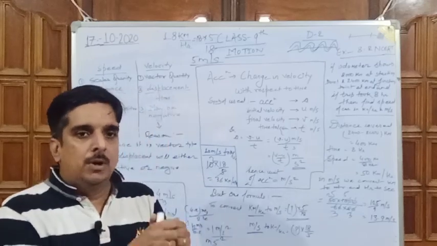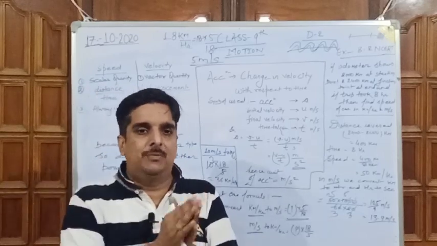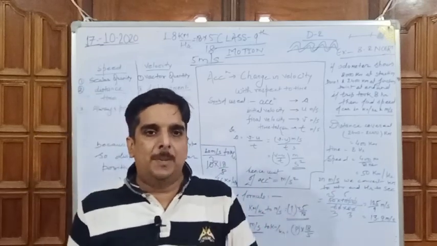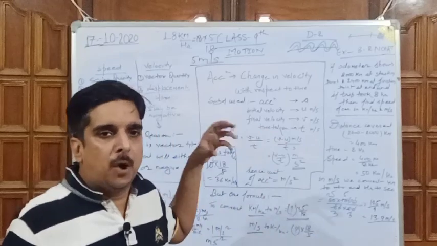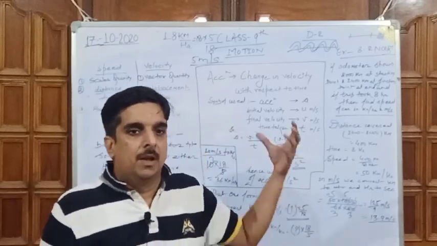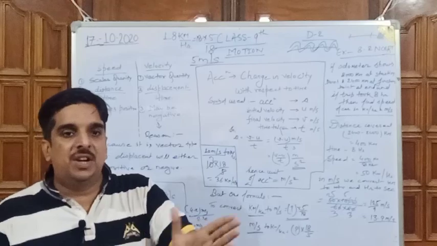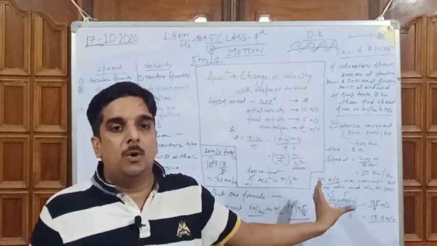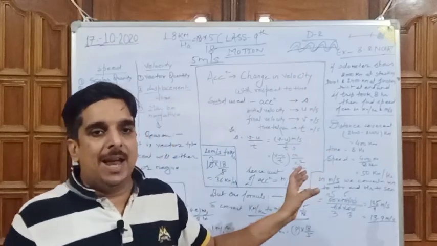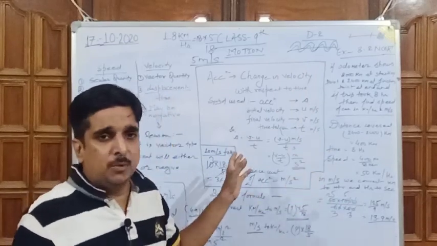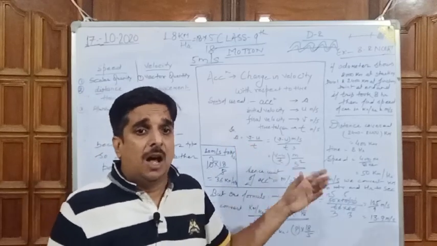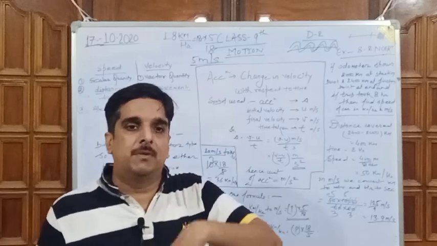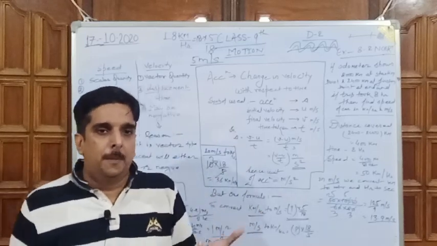So up to now, including today's class, we discussed motion, circular motion, distance, displacement, magnitude, positive term, negative term, acceleration, initial velocity, final velocity, time taken, how to find speed, how to calculate acceleration, how to convert kilometer per hour to meter per second, and how to convert meter per second to kilometer per hour.